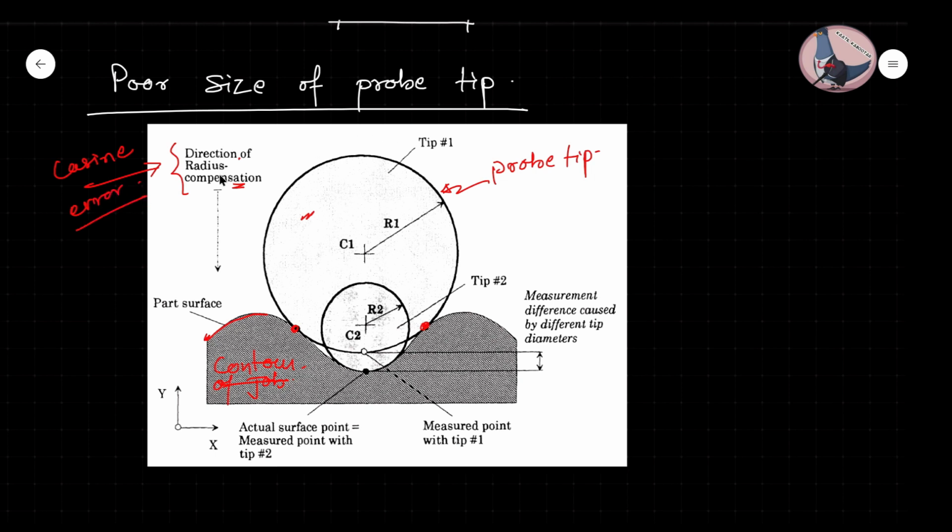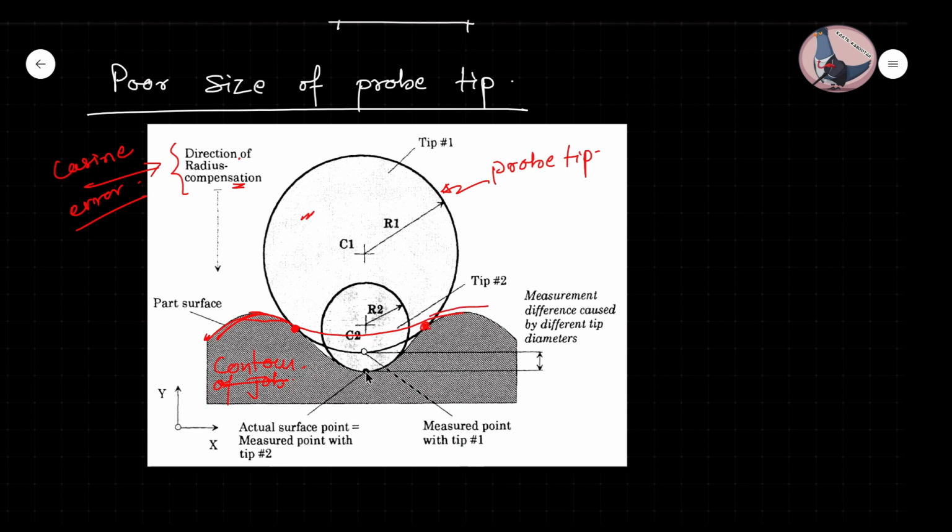So these are the cosine, direction compensation or radius compensation that will be done. At this point and this point the radius compensation will be done. So you can understand that from here and here, 2 points are being detected by the probe. The data received by the machine will suggest that the contour of the job goes from here to here directly.